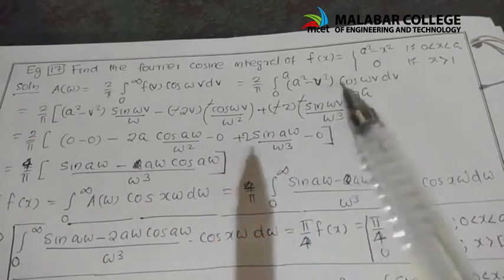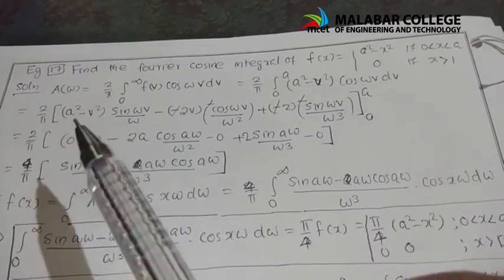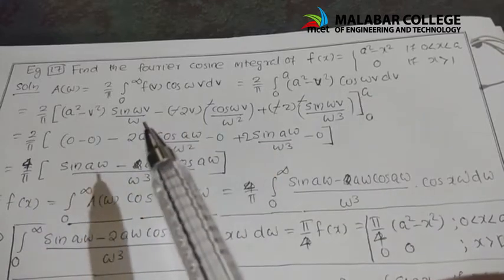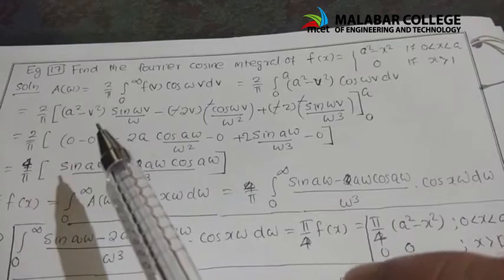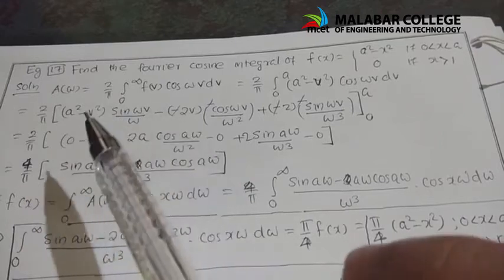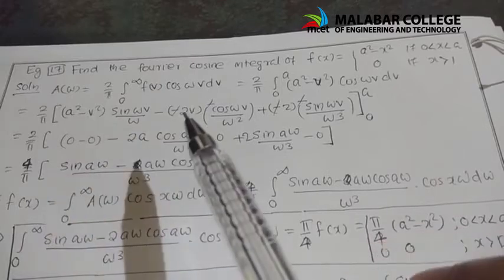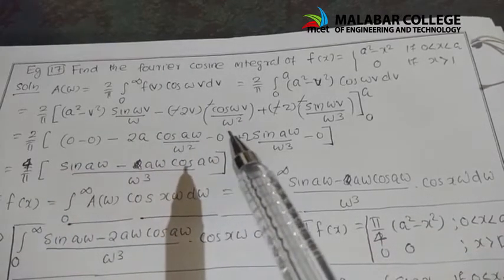There are two functions here that we have to integrate: first function into integral of second. The first function is a² − v² into integral of cos, which is sin ωv by ω, minus the derivative of a² − v², which is −2v. The derivative of a² is 0, minus v² is −2v. That is written here, into the integral of sin, which is −cos ωv by ω².